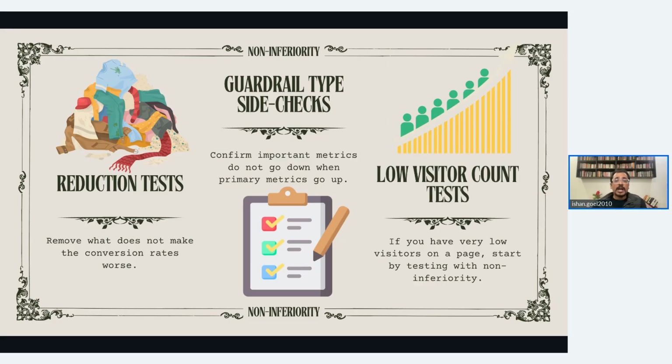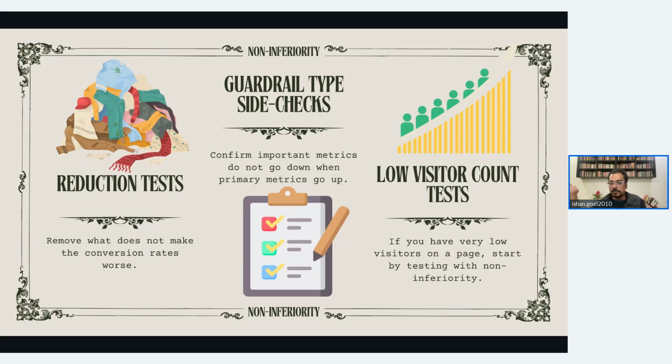The second reason to run non-inferiority tests is that you can set guardrail-type side checks. For instance, you have a primary metric. You can set that these 3 metrics in my test should not be going down in the process of testing. So you can set it up as an extra check.